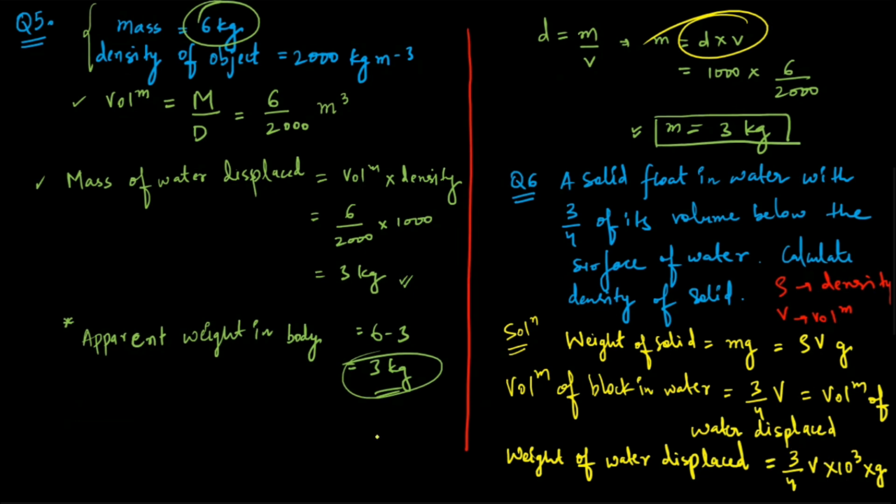Now, what is the weight of the body? You can simply equate these two equations. It will be exerting mg downward, experiencing V rho g upward, where rho is the density of the liquid.